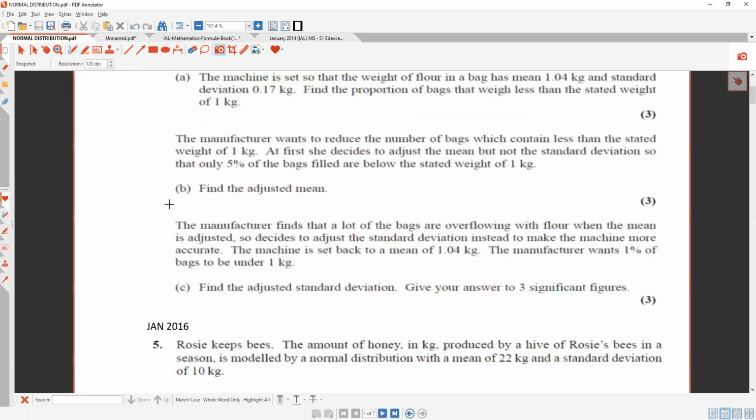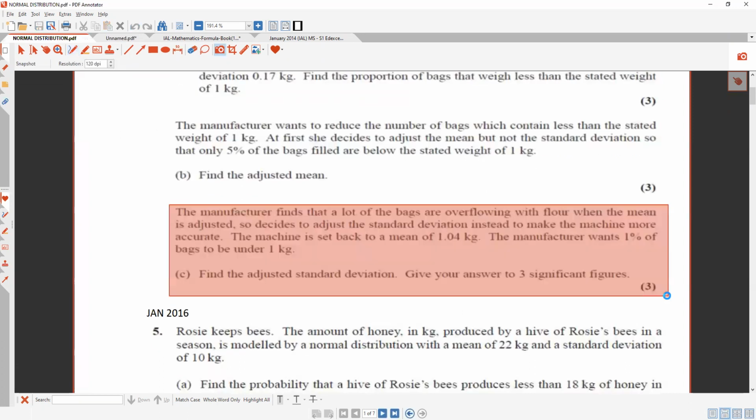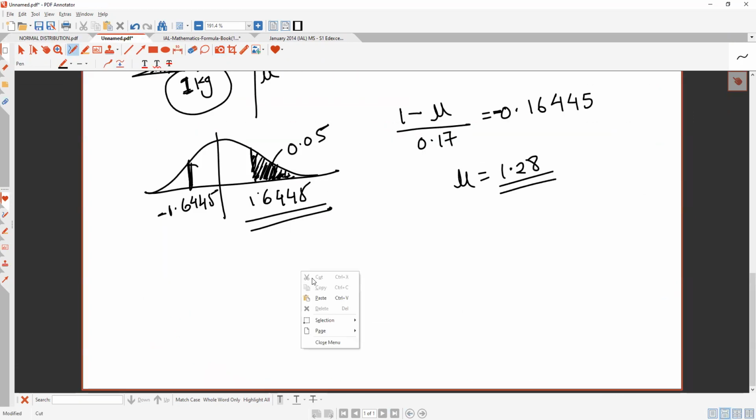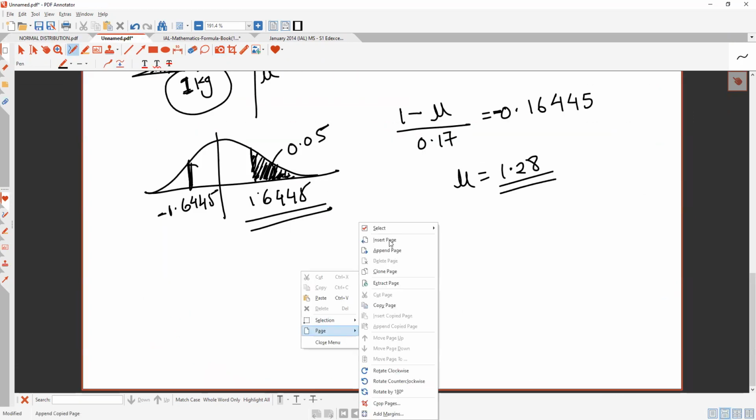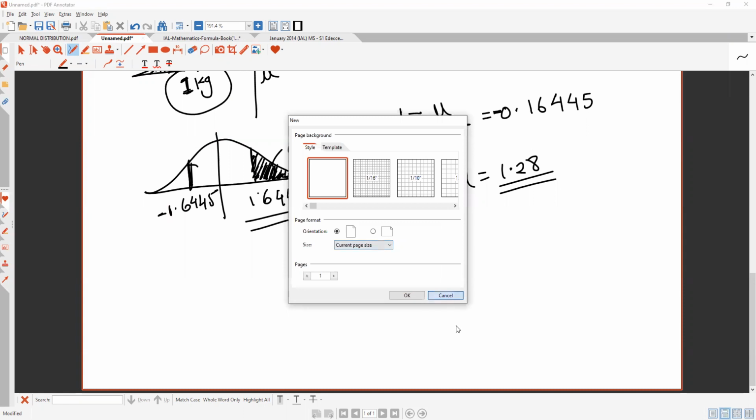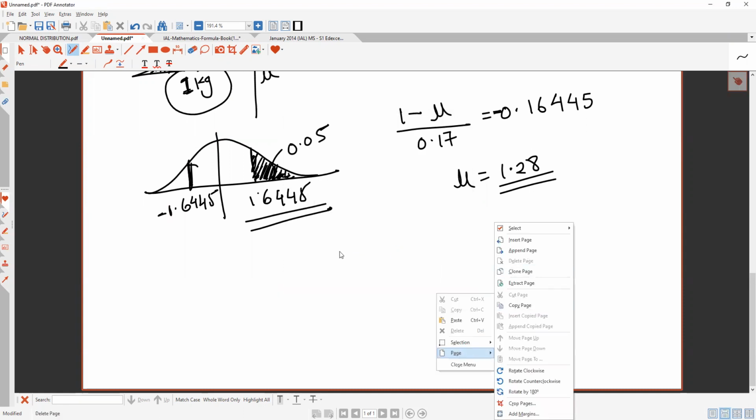Now the manufacturer finds that a lot of bags are overflowing. He's having a bit of loss because the mean has increased, so most of the bags are overflowing. Let me add another page over here.